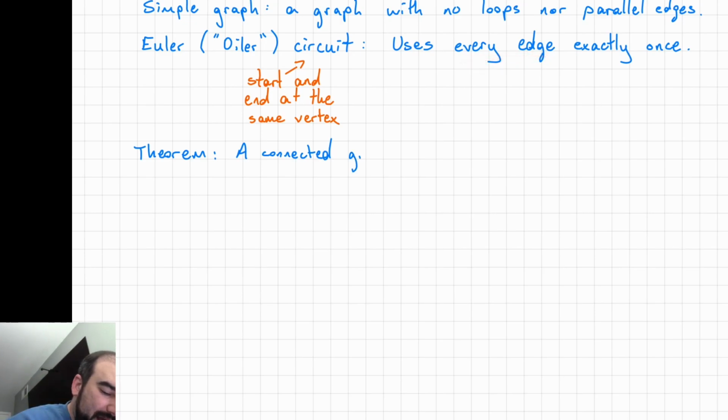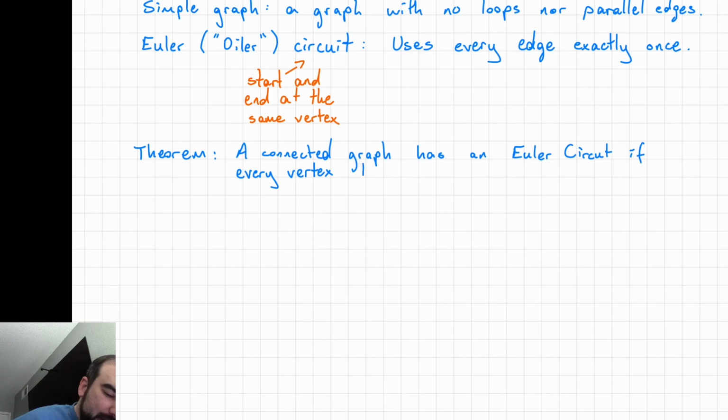So a connected graph has an Euler circuit if every vertex has an even degree.